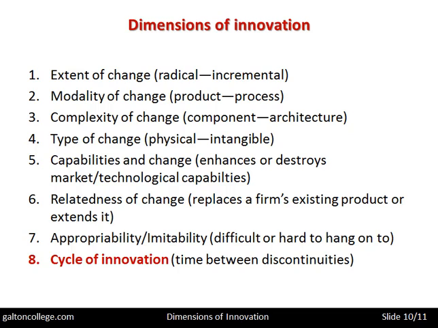And then there is the cycle of innovation, the time between discontinuities. When innovation takes place, we normally think of the innovation being small changes. It could be quite radical, of course, as I said earlier, but generally speaking, we tend to think of innovation as moving a process along or moving a product along and altering the product over time.